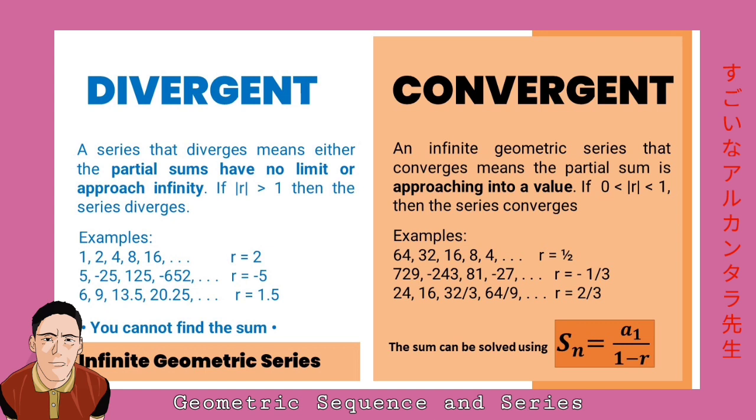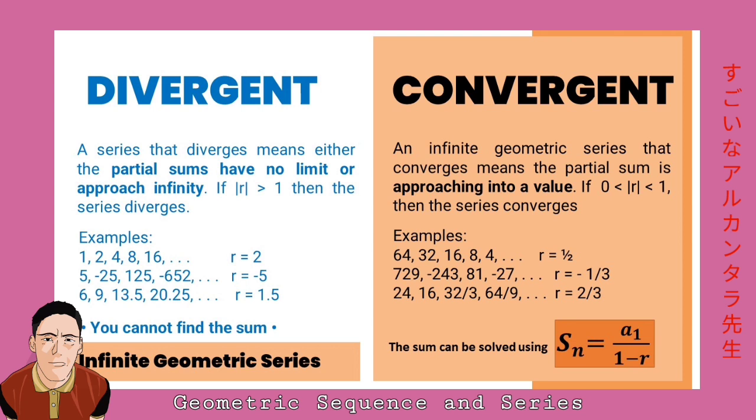So imagine this, guys, like two numbers, 1 and 2. There are infinite numbers between them, okay? But we know that it approaches 1 or it approaches 2. That's the concept of an infinite geometric series that we can actually measure. That's why there is a formula where we have a sub 1 divided by 1 minus r.